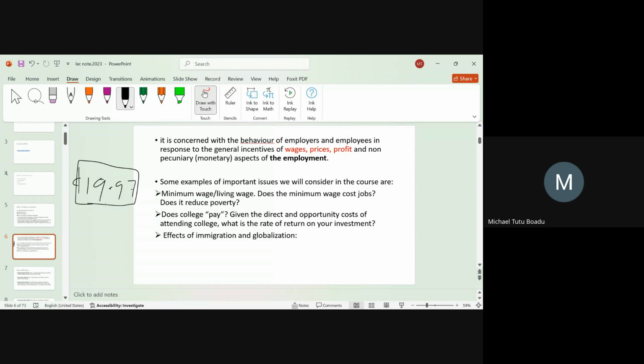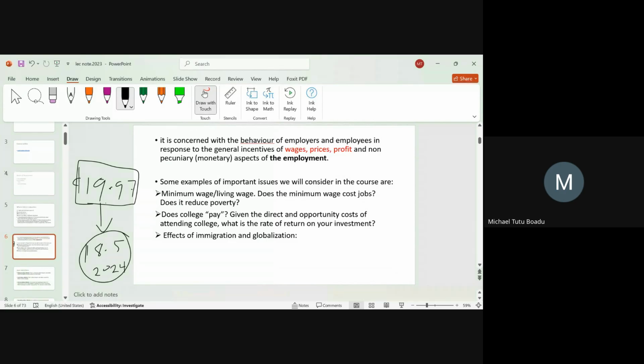This was an increase from 18.15 Ghana cedis, which was the minimum wage in 2024.